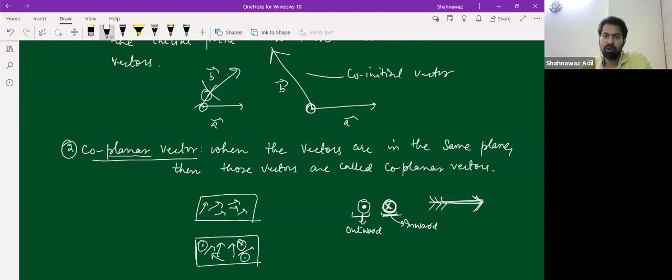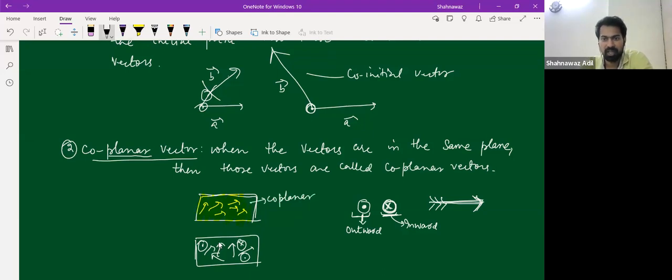In this example, you have all the vectors in this board, or in this surface, or in this plane. So this is the example of coplanar vectors.